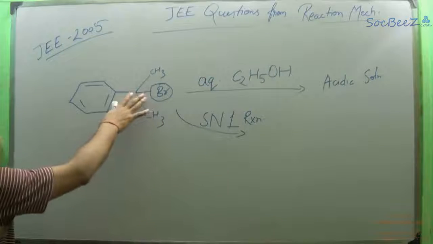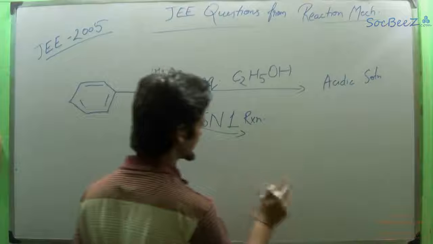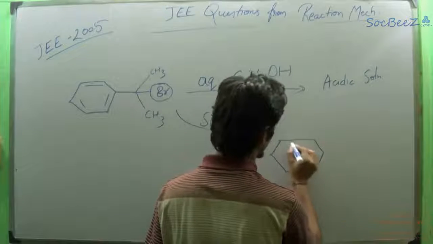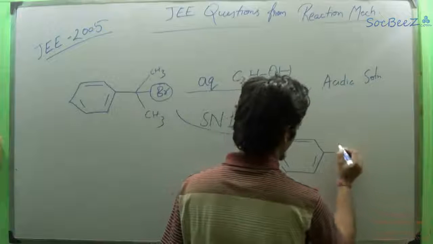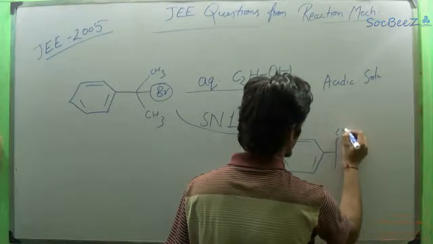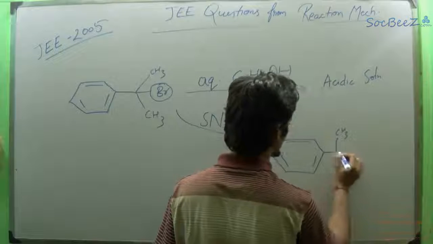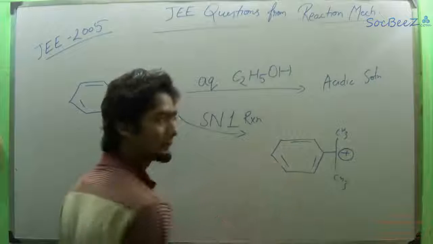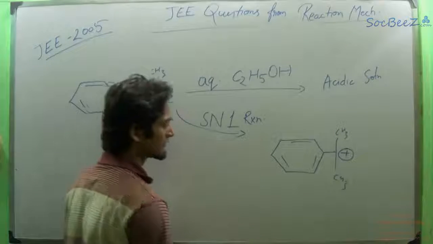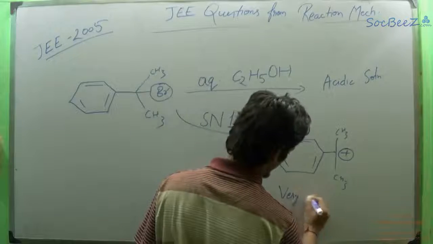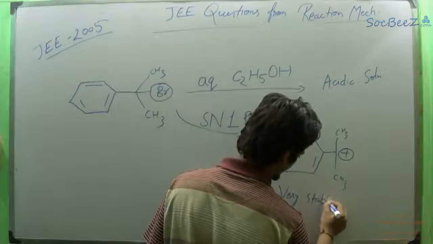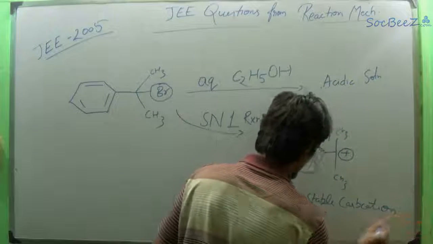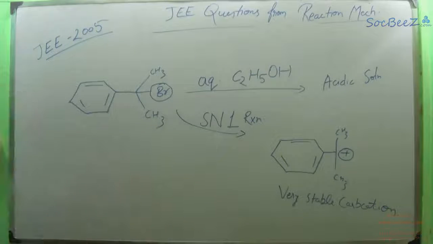So a positive charge is formed here, that is a carbocation is formed, which is very much stable, because of the fact that it has two CH3 groups attached to it, hence it's a 3-degree carbocation, plus it has electron supply from this benzene ring. So it's a very stable carbocation. So this carbocation has been immediately formed.